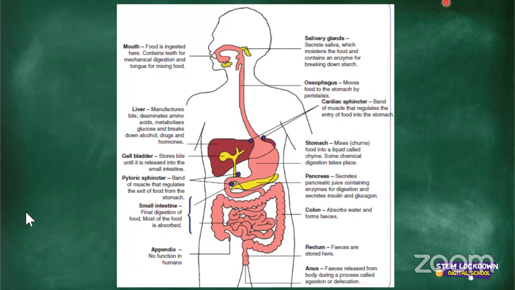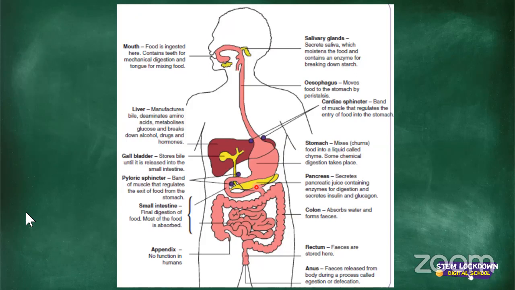We said that the alimentary canal is from your mouth to your esophagus, your stomach, your small intestine, your large intestine until the anus. In this picture here, it is depicted by this color pink. And then we also looked at our accessory organs: our liver, the gallbladder, the pancreas, and the salivary glands.